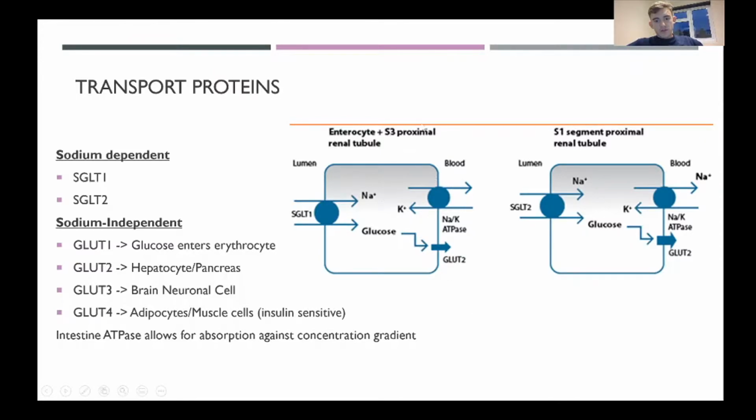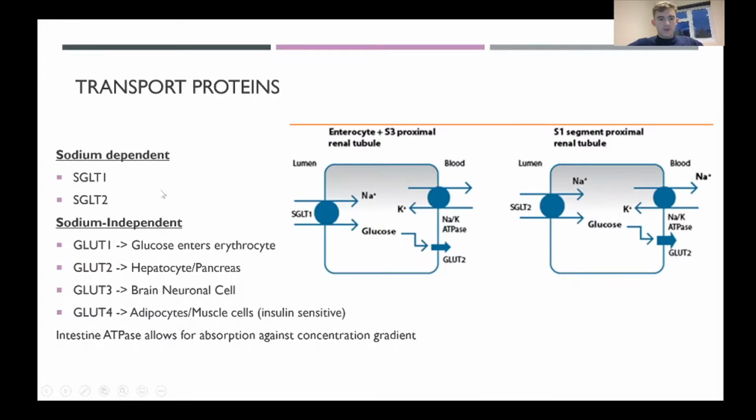And because now we have a net positive because of this sodium ion coming in, we've got this sodium potassium ATPase balancing out that charge by allowing one potassium ion to leave the blood and go into the lumen, and that balances out the charges.